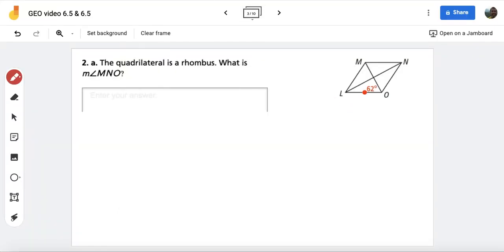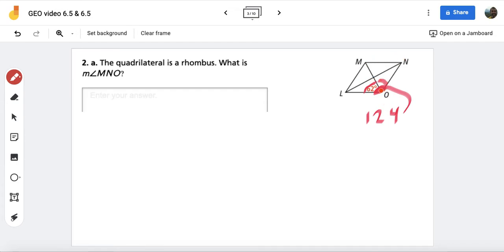Since this one's 62, I know this one's also 62, right? Because they bisect each other, or the diagonal bisects it. So if they're both 62, 62 plus 62 is 124. So I know this whole thing is 124.